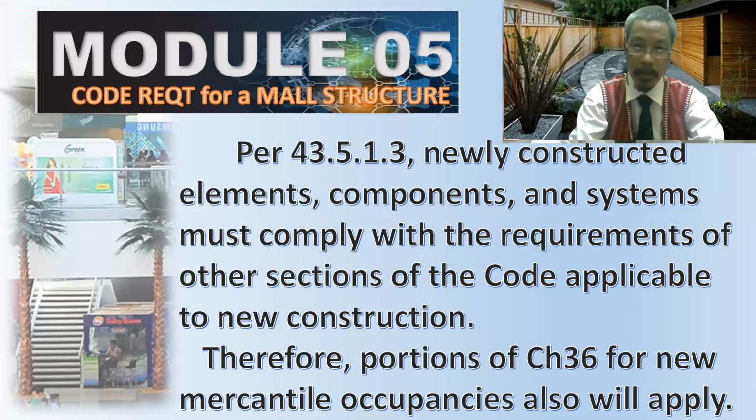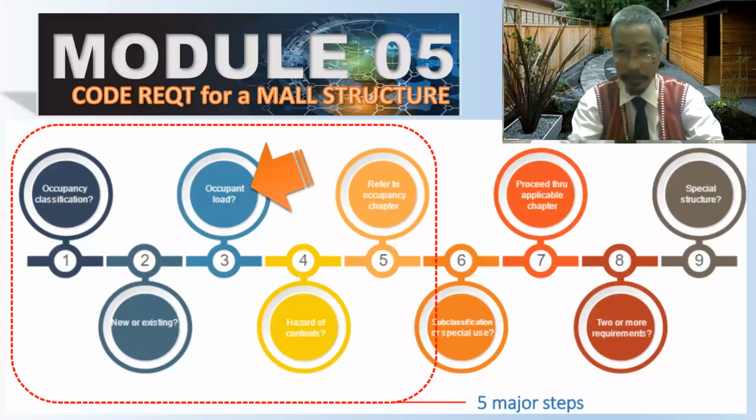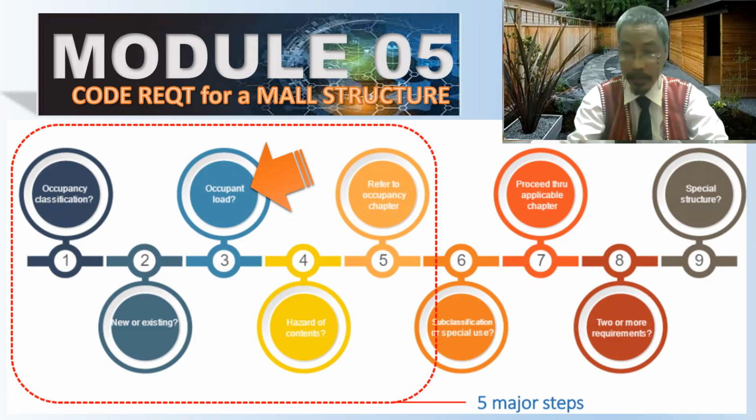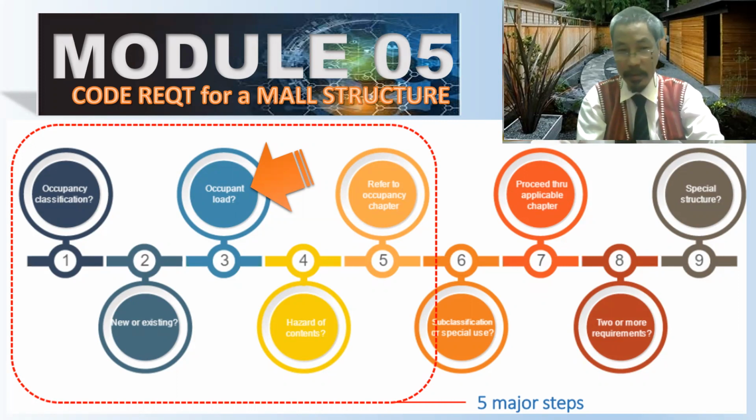Okay. You are now going to observe that chapter 43 is somewhat different in application because it is not an occupancy classification. So if it's not an occupancy classification, it is therefore a basic requirement.